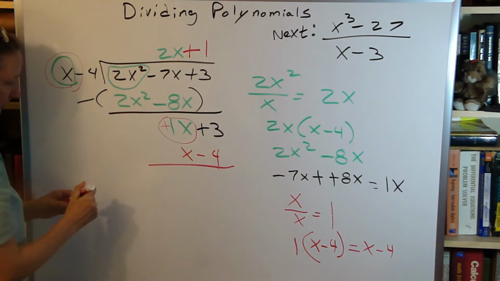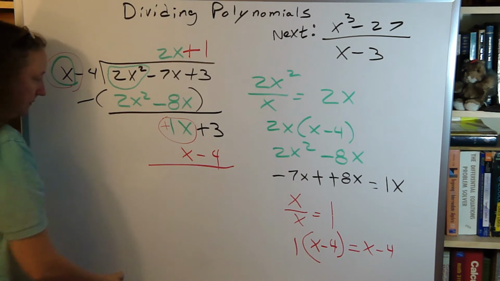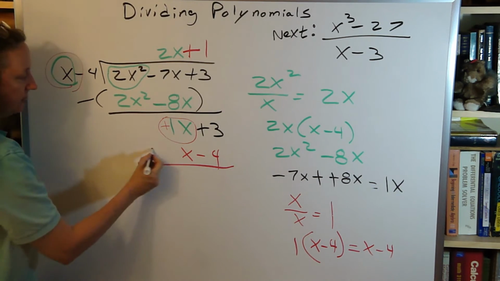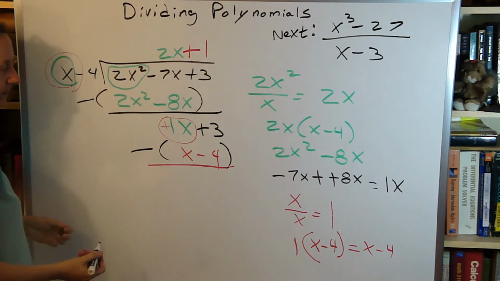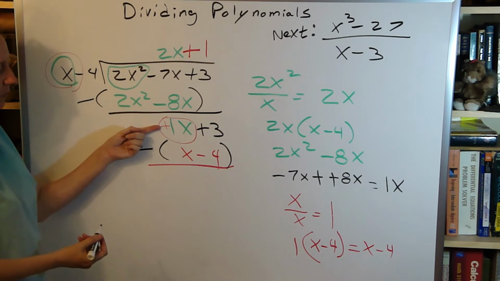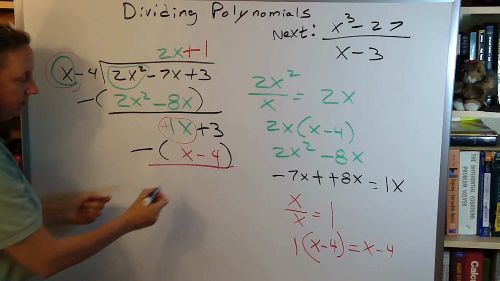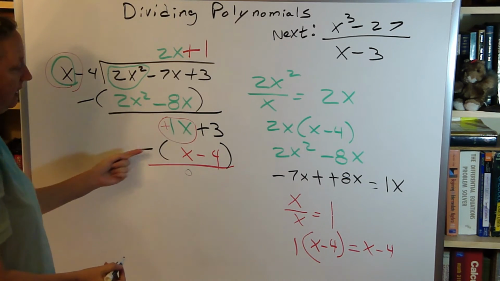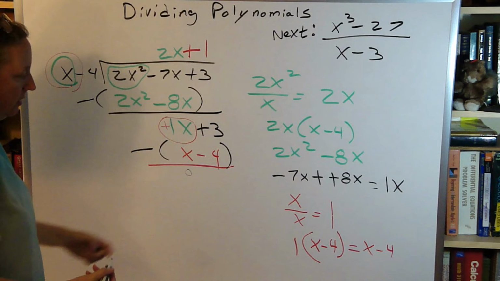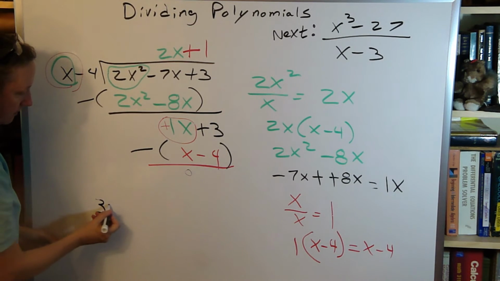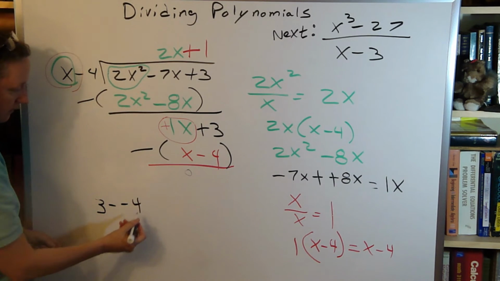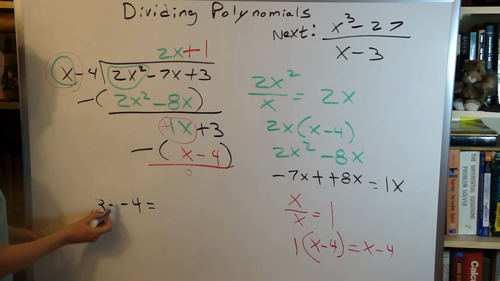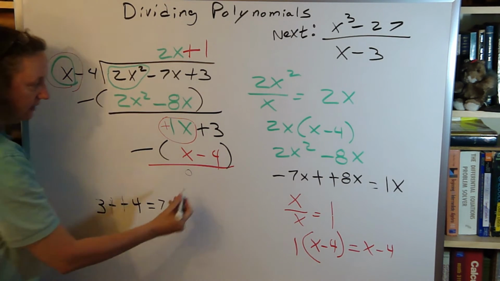I'm going to subtract. I'm subtracting the whole thing. So I have 1x minus x gives me 0. I have 3 minus negative 4.